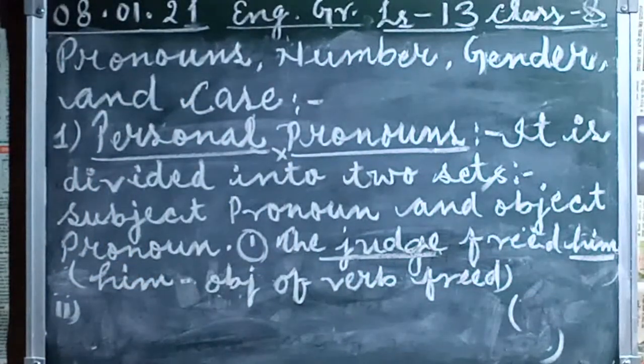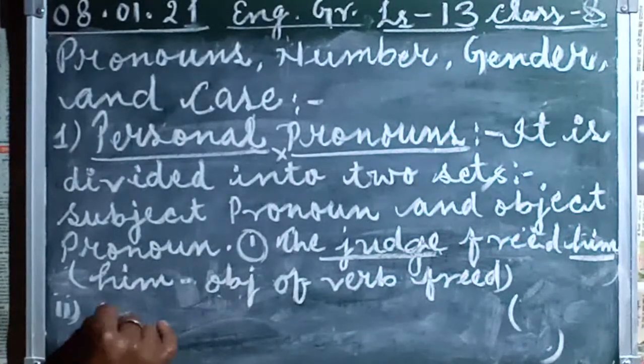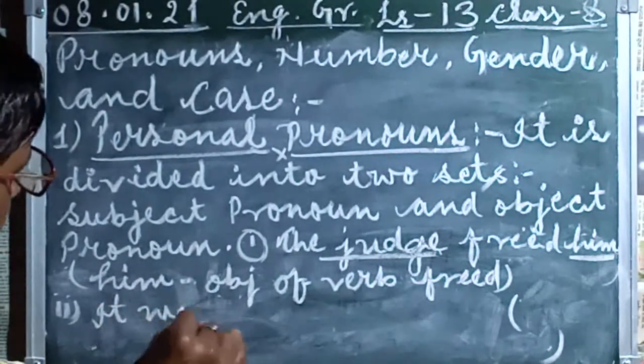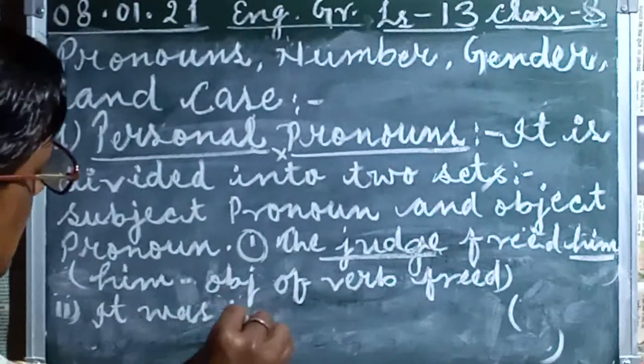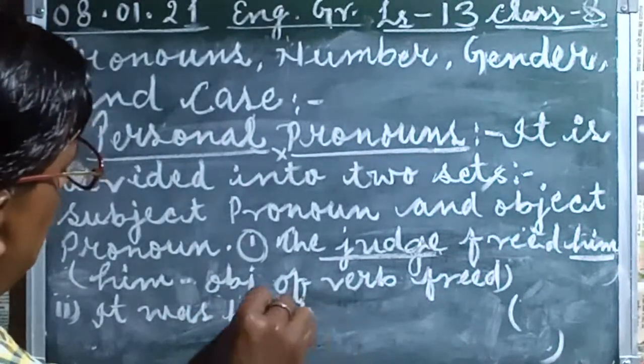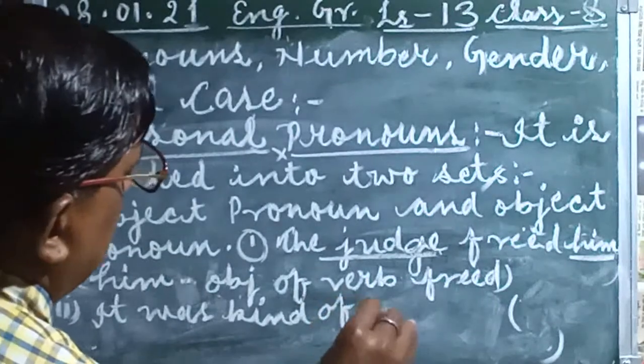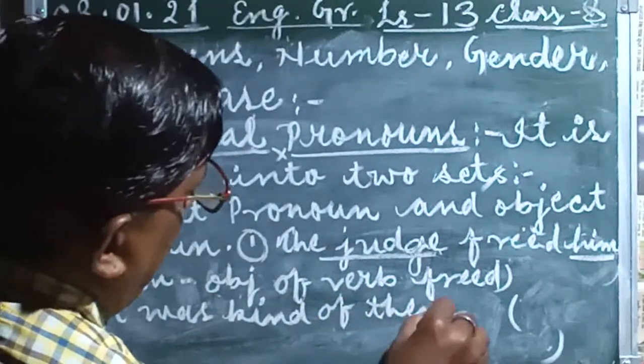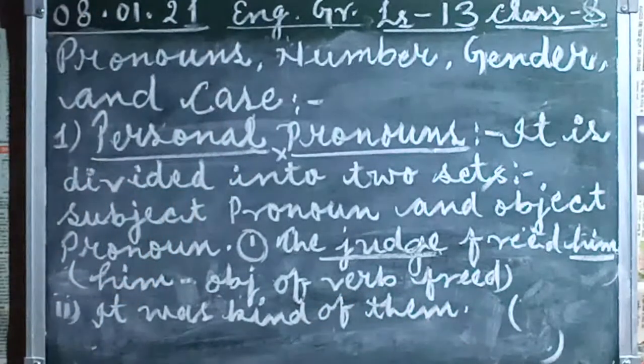Having no doubts. Number two, I am taking: it was kind of them. Here we are using them.